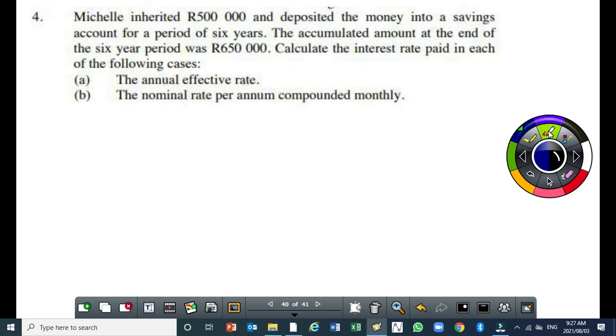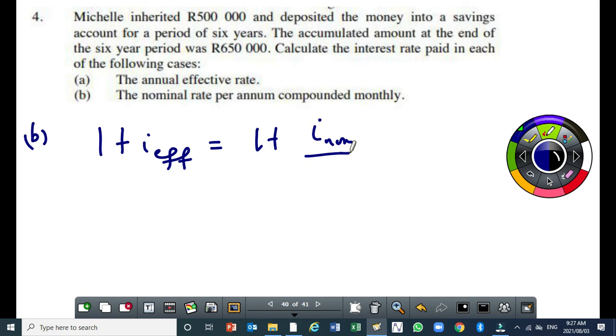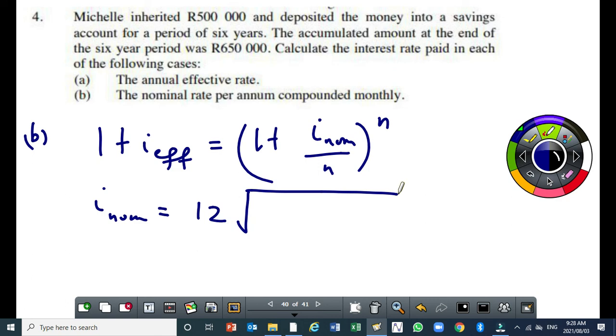Right, so for B, 1 plus i EFF equals 1 plus i nominal over n, where the nominal interest rate is compounded n times per year. I'm going to make i nominal the subject. So, i nominal is going to be, in this case, our n is 12, so it will be 12 times the 12th root of 1 plus i EFF, then we subtract 1 from it.